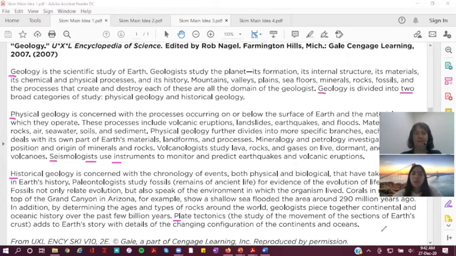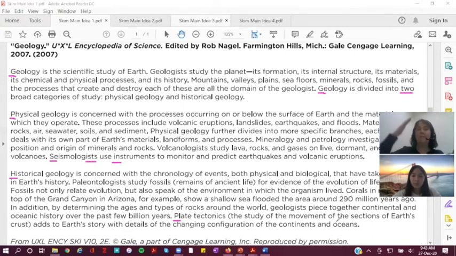The main idea would probably be historical geology is about the physical and biological chronological events of Earth that have taken place, and that plate tectonics help these seismologists to figure out the details of the changing configuration of the continents and oceans. Again, we have movement, right? Movement of the earth.